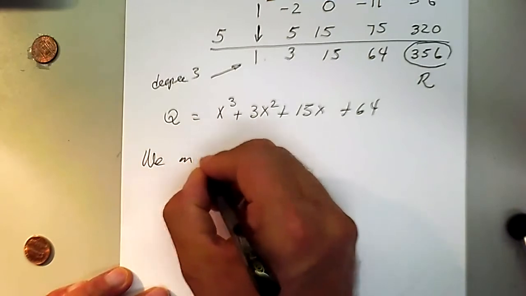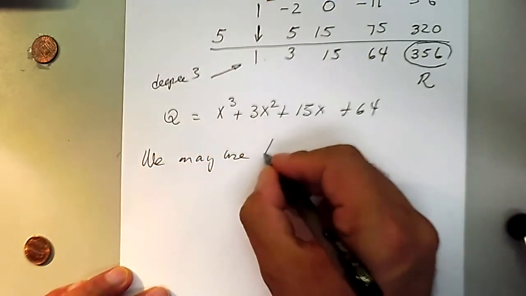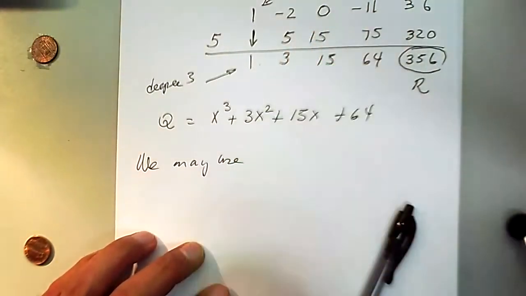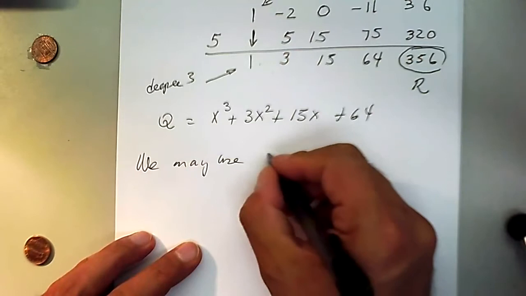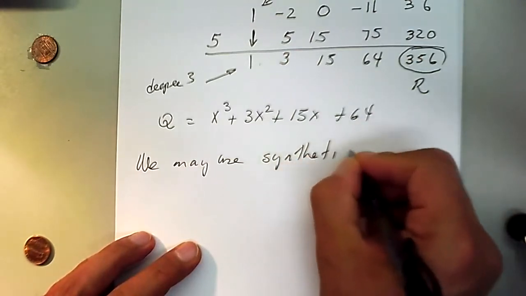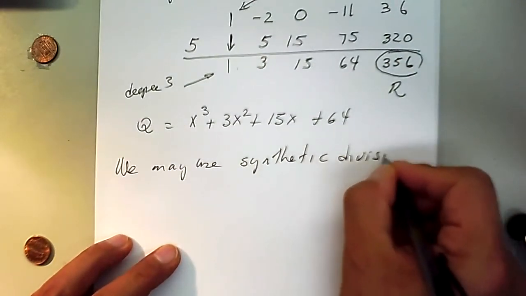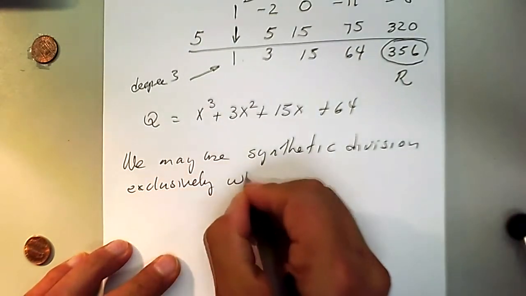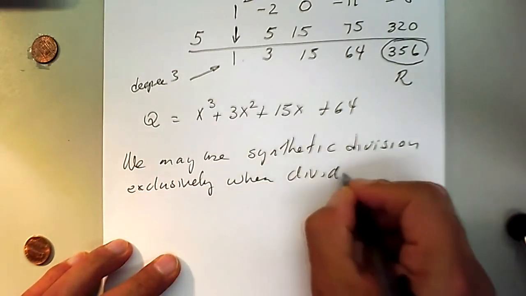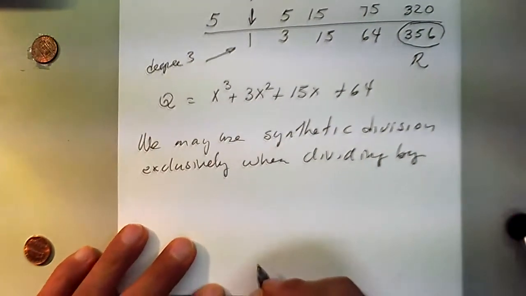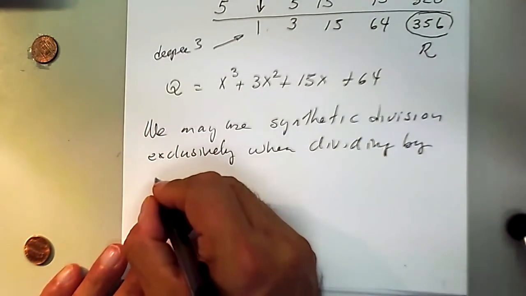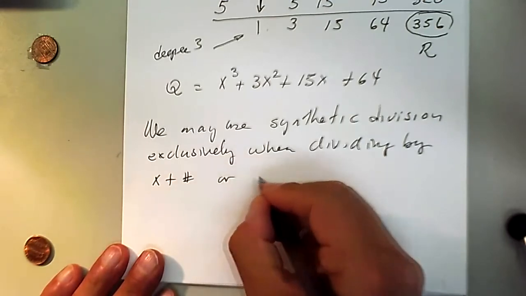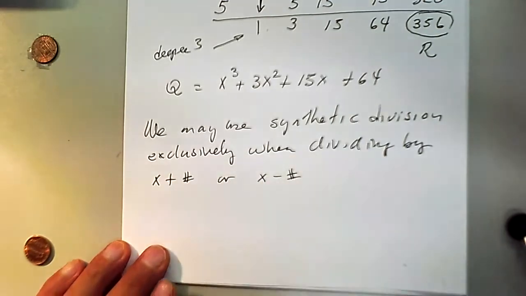We may use synthetic division exclusively when dividing by x plus a number or x minus a number. I forgot what I said, whether synthetic or long division, but I meant to say synthetic.